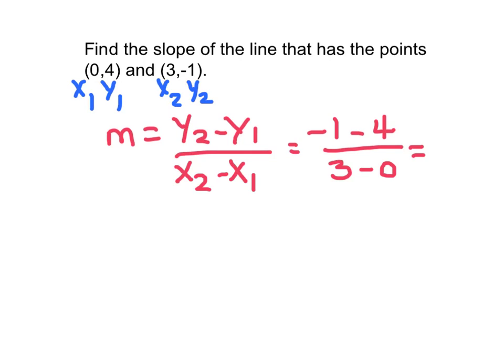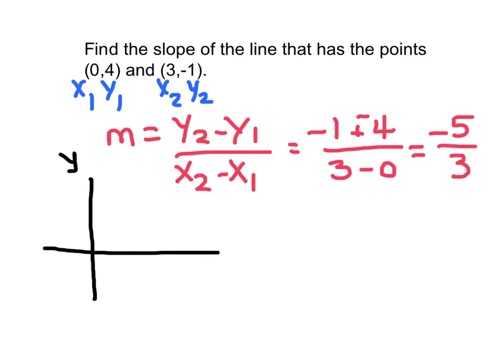Now let's simplify. Negative 1 subtract 4 is the same as negative 1 plus negative 4, so that's a negative 5. And 3 minus 0 is 3. So the slope of the line that goes through the points 0, 4, and 3, negative 1 is going to be negative 5/3. Now if I did a real quick sketch of this graph, okay, here's my y-axis and x-axis.